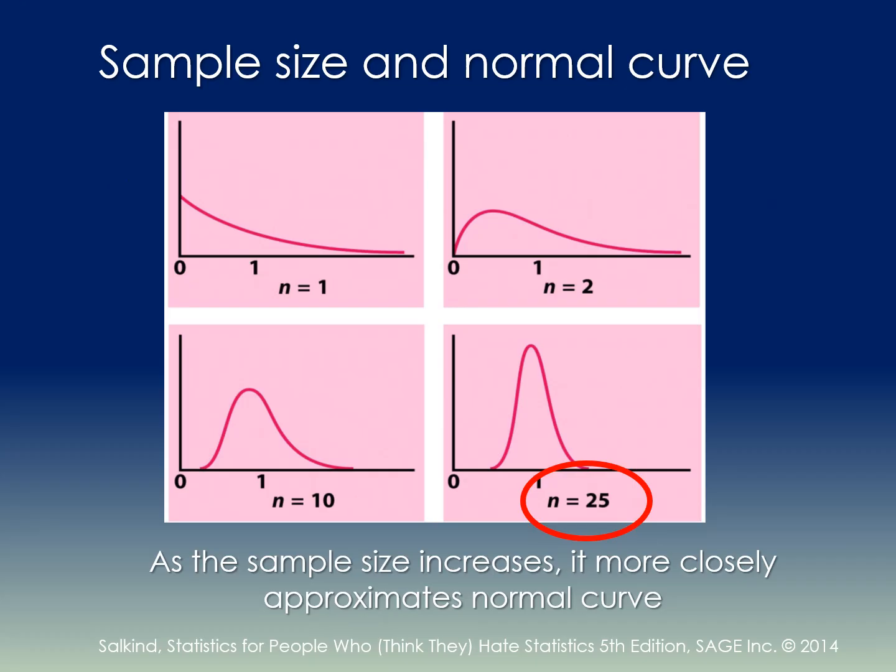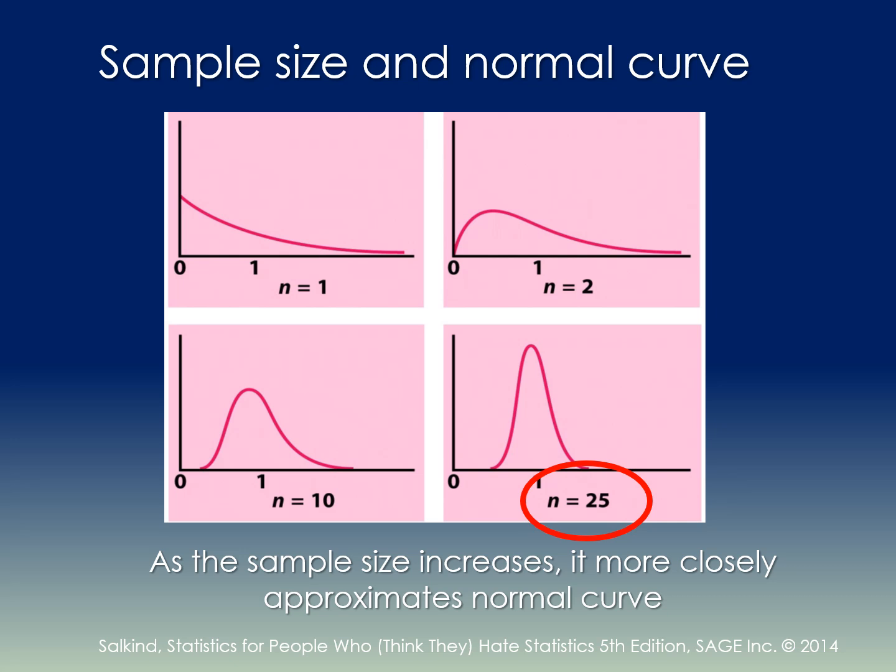So this is something that we need to consider, and again, from the previous slide. The number of individuals we have in our sample begins to dictate what that sample curve is going to look like. And so we see here on this slide, obviously a sample size of 1 is the curve. We call that a case study.